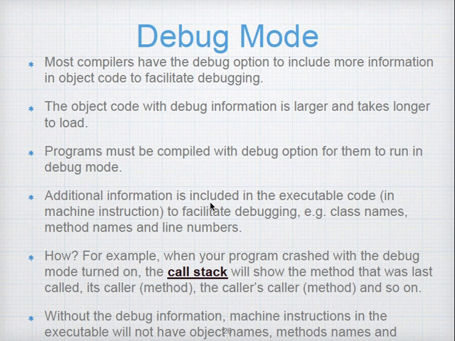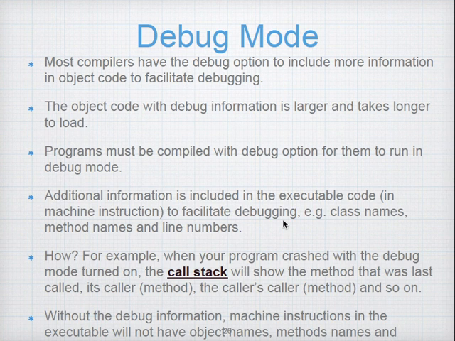But let's say the compilation did not have this information, then it's just the machine code that is executing. When it's executing the machine code, it is just moving information from one storage to another. It does not even know what object name, what variable name, what method names you are calling.